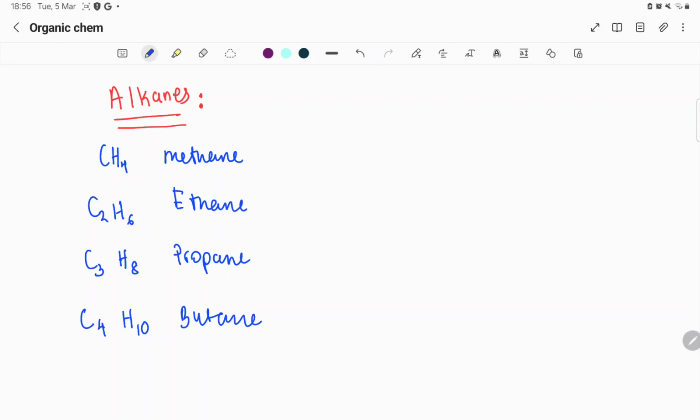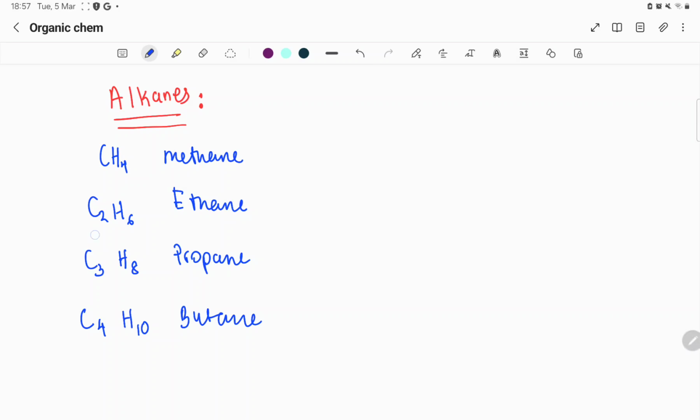And I will not write after this, because after butane is just pentane, hexane, heptane, octane, which is something that most of us already know. The prefixes for number 5, 6, 7, 8: pentane, hexane, heptane, octane.